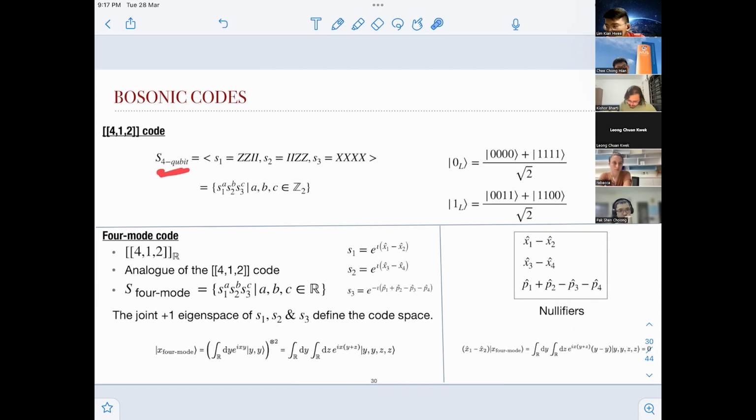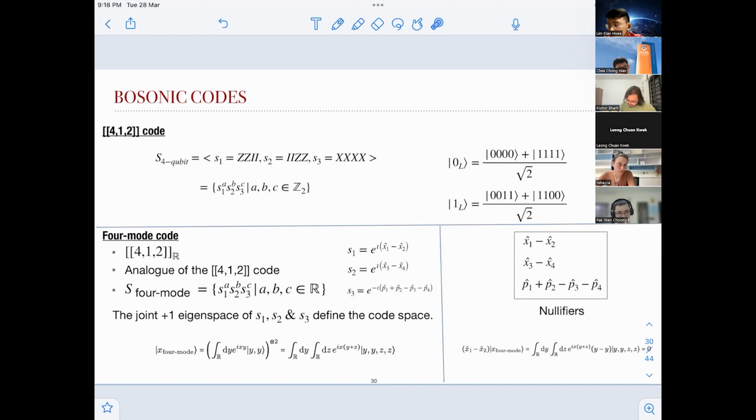The 4-1-2 code is given by these 3 stabilizers and their generators, and this is the stabilizer group, and these are the logical states. In the analogous case, you can define the stabilizer generators as S1 is e to the power i(x1 cap minus x2 cap), S2 is this one, and S3 is this one.